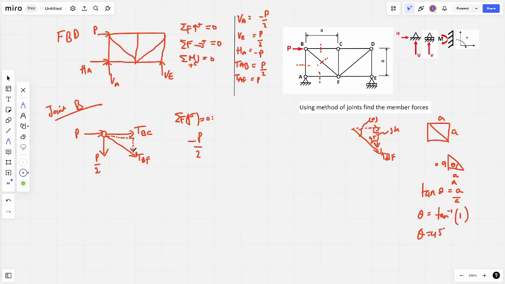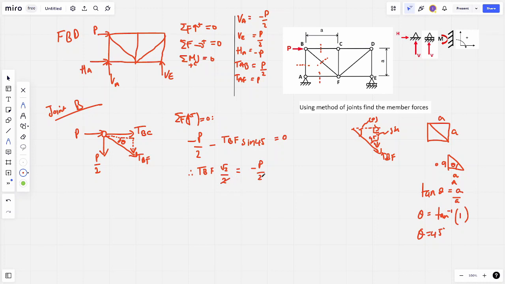We've also got negative TBF, and with the angle of 45, this component is sine 45, equal to 0 as there's nothing else acting on that point. So TBF sine 45, which is root 2 over 2, is equal to negative P over 2.